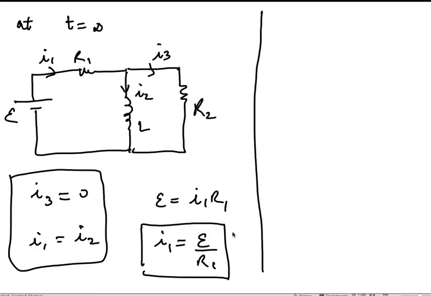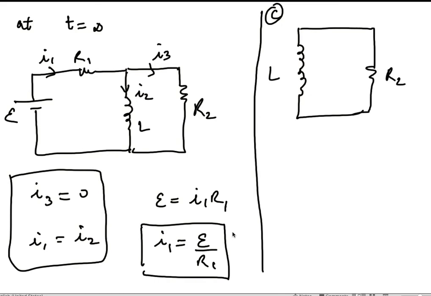And now when you open the switch again, so for part C, there's R2 and L. When you open the switch, you remove this part of the circuit, so you're only left with this part of the circuit, and this part will drive a current like so.